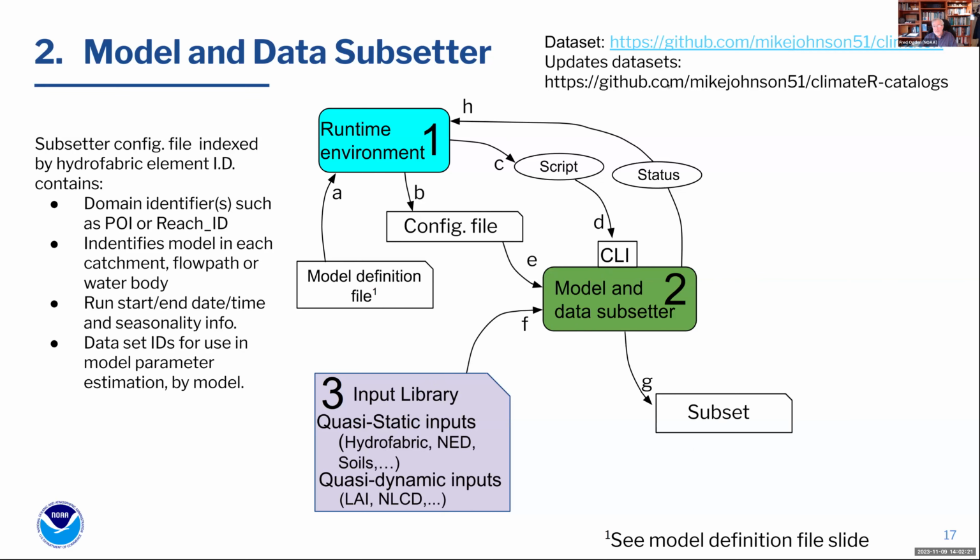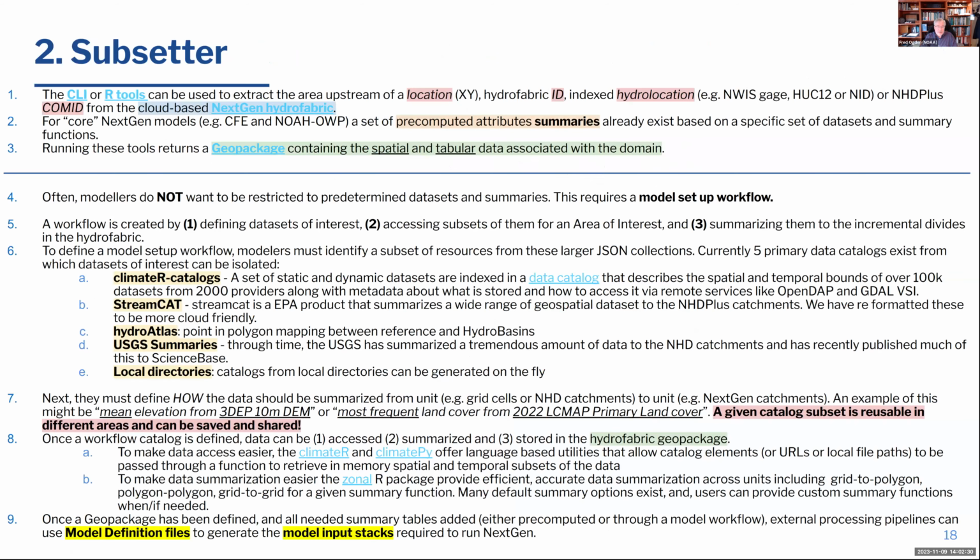But a lot of the pieces have been developed, and they're in this GitHub repo. And again, this is probably another great place for a screen cap about the tools that Mike Johnson has developed to work with the model input library to produce subsets for the NextGen framework.